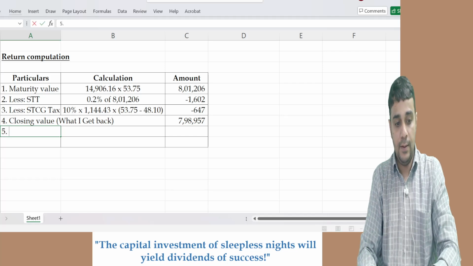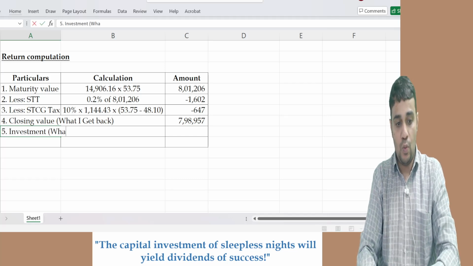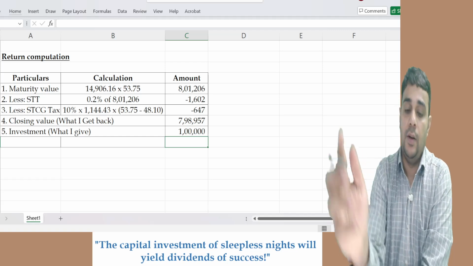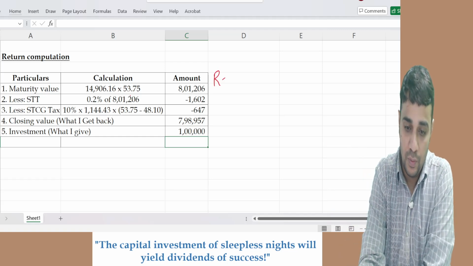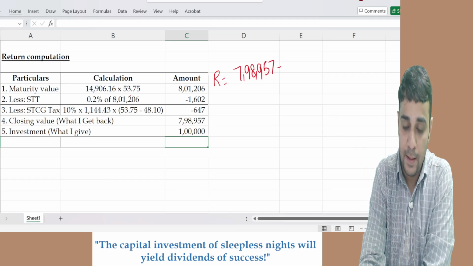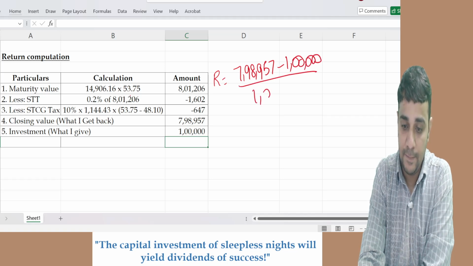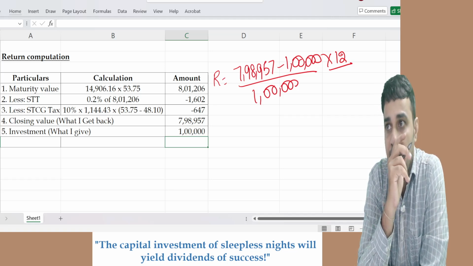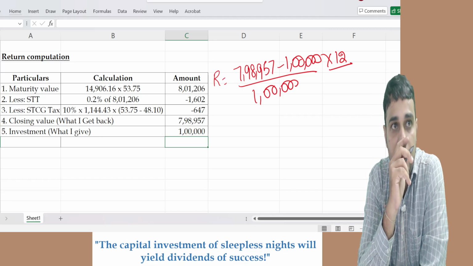Point number 5, investment, what I give. Return equals 798,957, what I get back, minus 1 lakh, what I invest, divided by 1 lakh. Can you tell me the number of months of investment? Calculate it properly. You invested on 1/4/99, redeeming it on 31st July 2009.